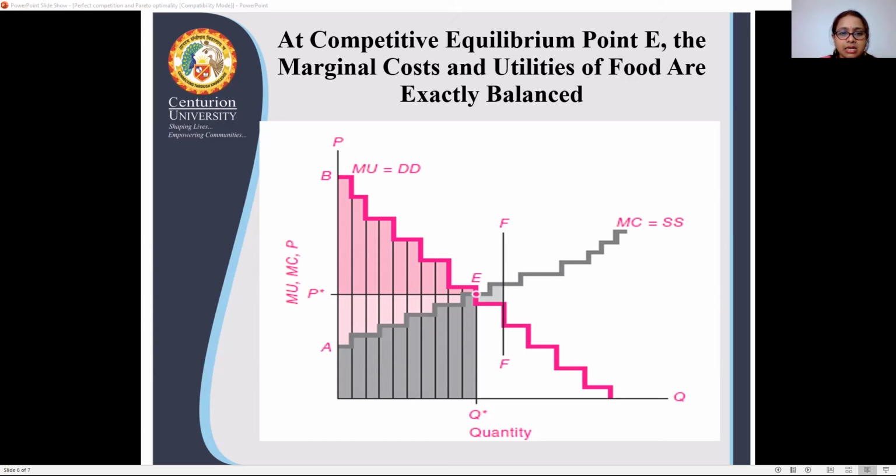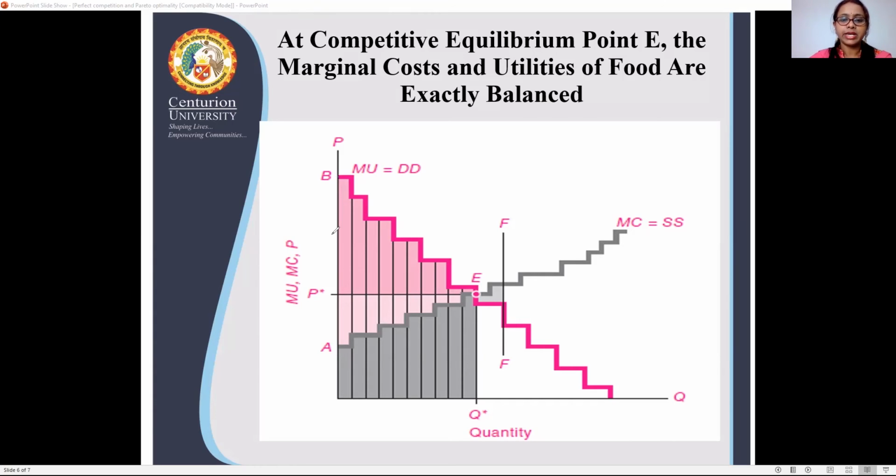Now let's see. To buy this, the consumer is ready to pay the price B. But what exactly is the consumer paying? The consumer is paying price P. So we have discussed the case of consumer surplus. It is the difference between what the consumer is willing to pay and what the consumer actually pays.